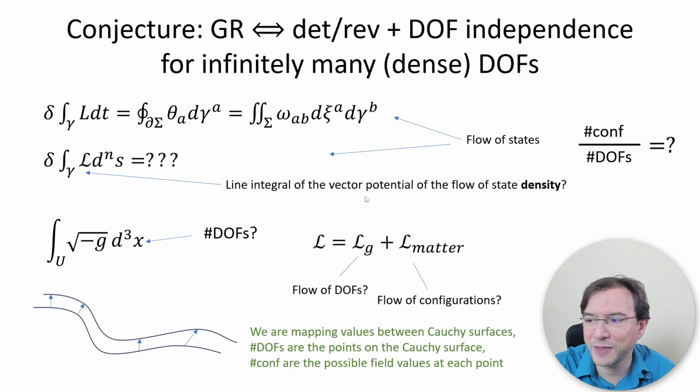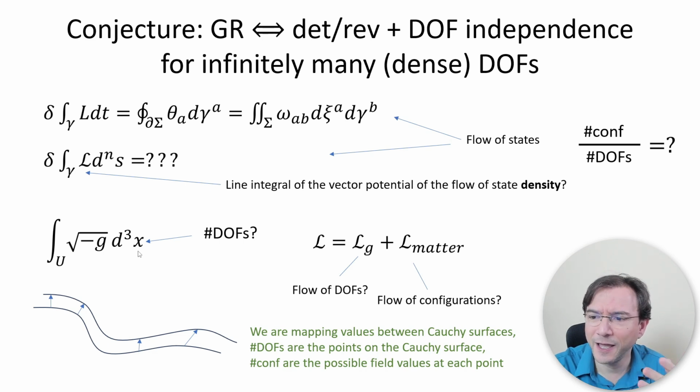And another thing that we need to understand is how do we count the number of degrees of freedom? And here, very likely, it's going to be the volume of space, not space-time, but really space. Because if we imagine that we have a volume of space and we double the volume, we expect that we have to specify twice as many initial conditions, twice as many configurations, therefore twice as many degrees of freedom.